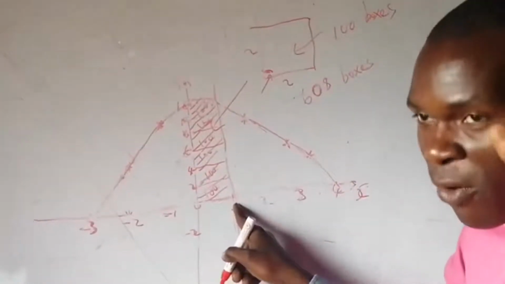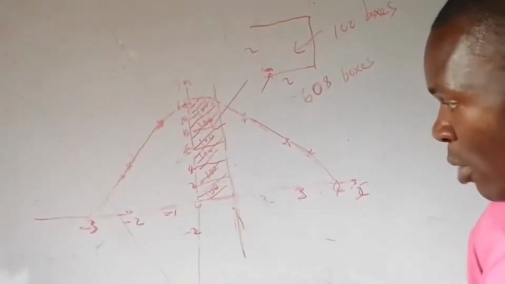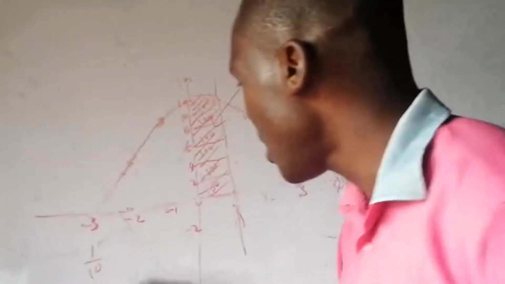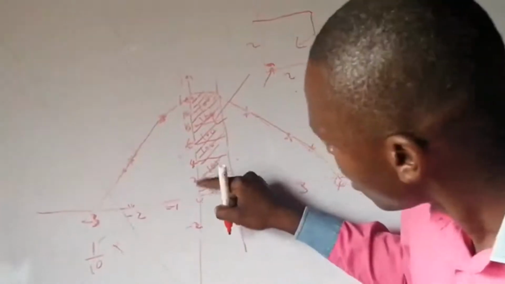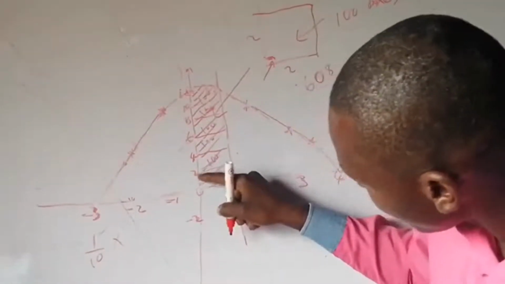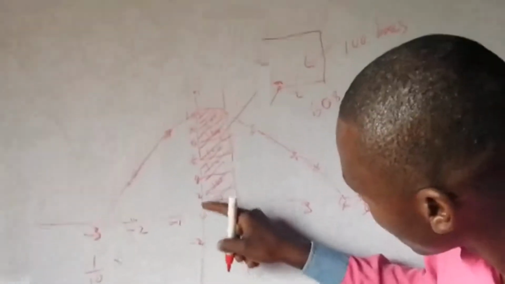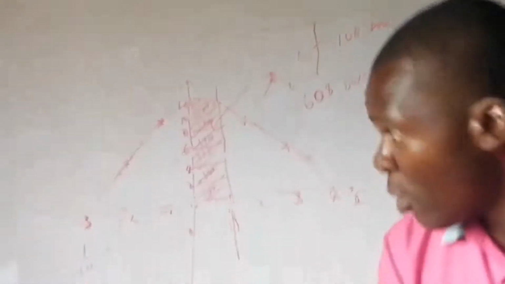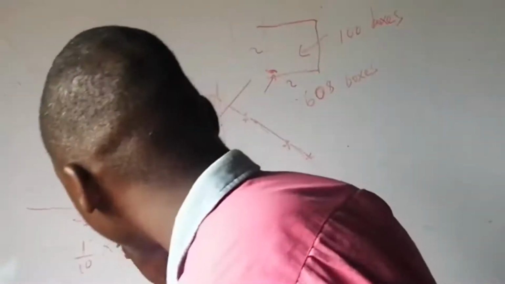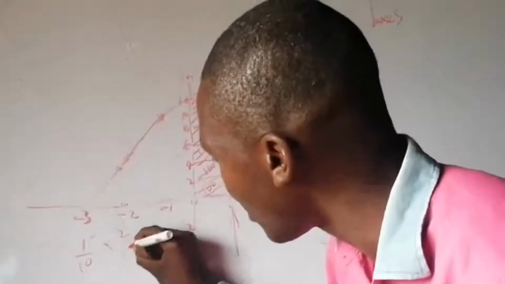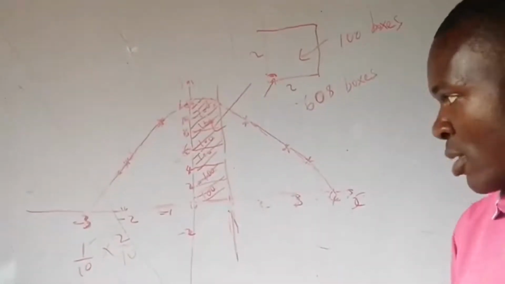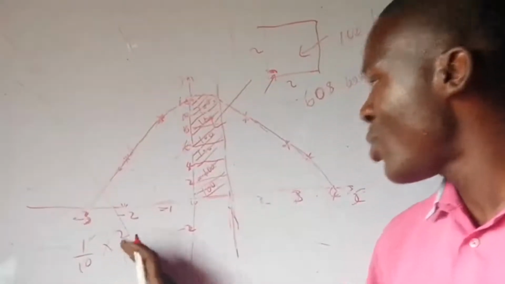So the length of a single box is 1 over 10. And the length here of 10 boxes is 2 units, so the length of a single box is 2 over 10. The area of a single box is 1 over 10 times 2 over 10.